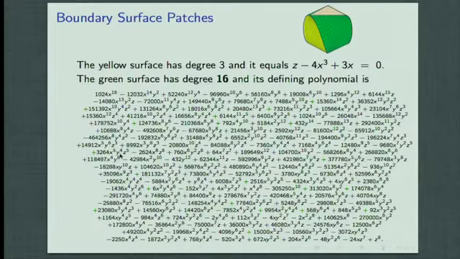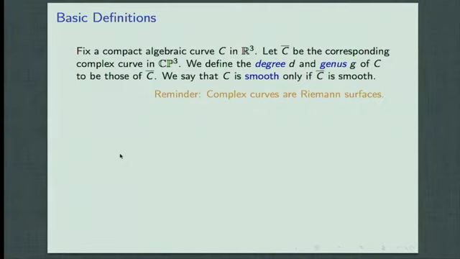Okay, so let me tell you a little bit about these boundary surfaces. This is now the part where I'm actually going to talk about algebraic geometry. So fasten your seatbelt. C is a compact algebraic curve in R3, and I'm going to make my problem easier.